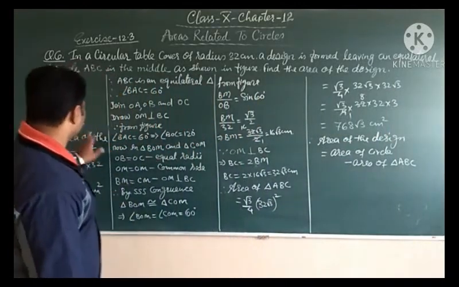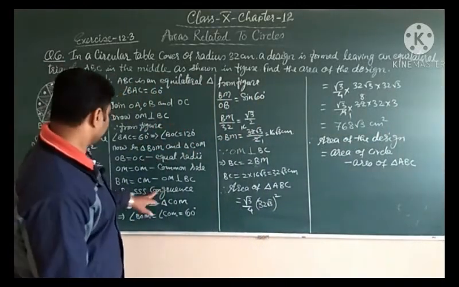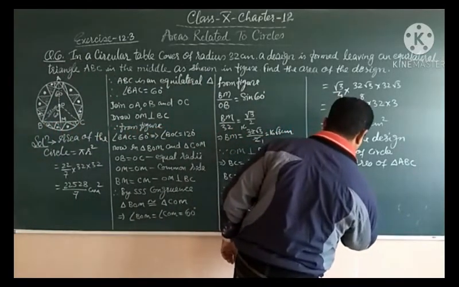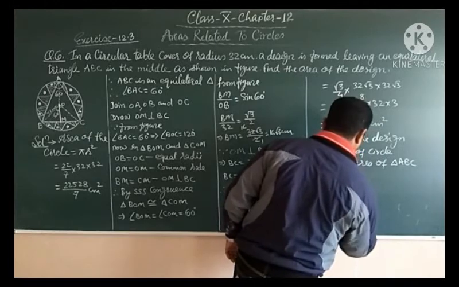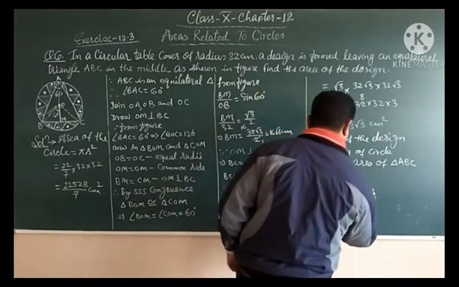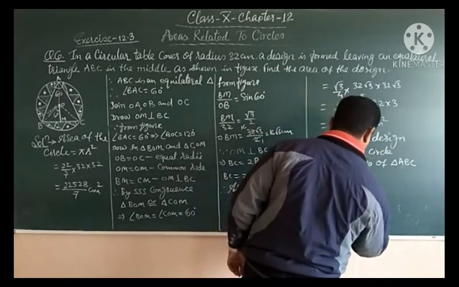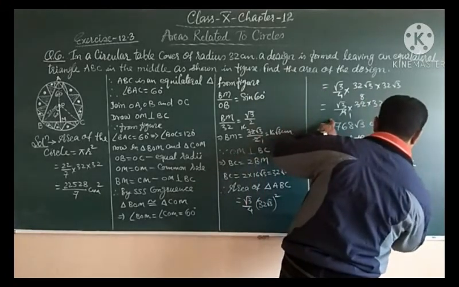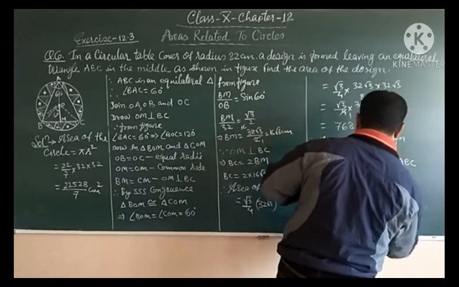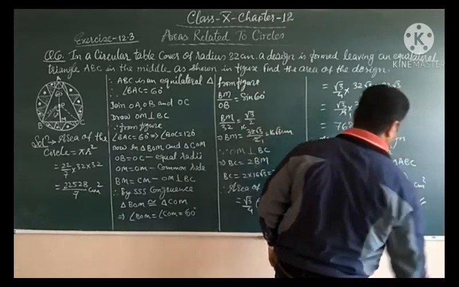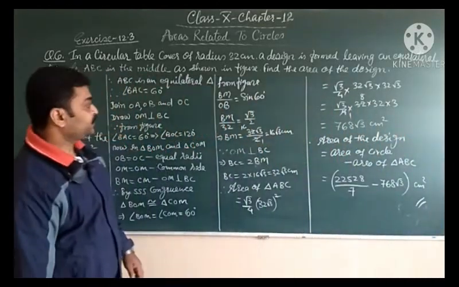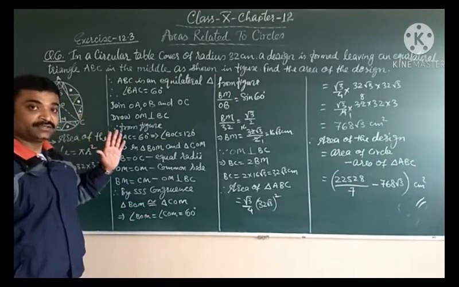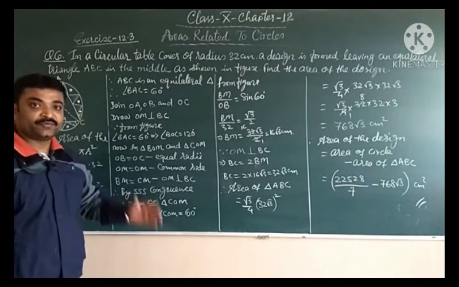So the area of the circle is 22528 upon 7 minus this 768 root 3 centimeter square. So in this way you can find the area of the design. Okay, so pause the video to note this down.